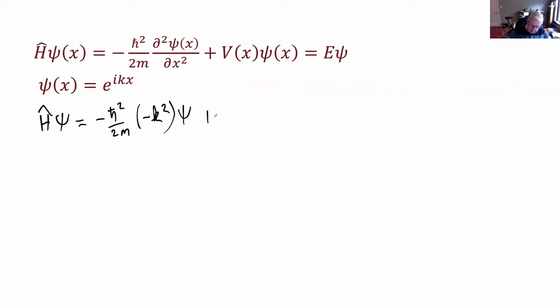My potential energy function, instead of being V of x, is just a constant V, and that's multiplying psi. When I do all that, I want it to be equal to E psi.